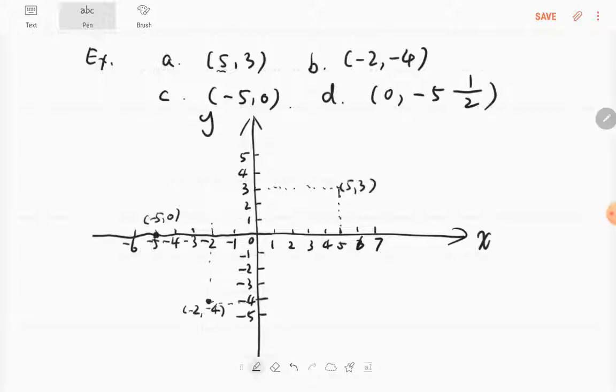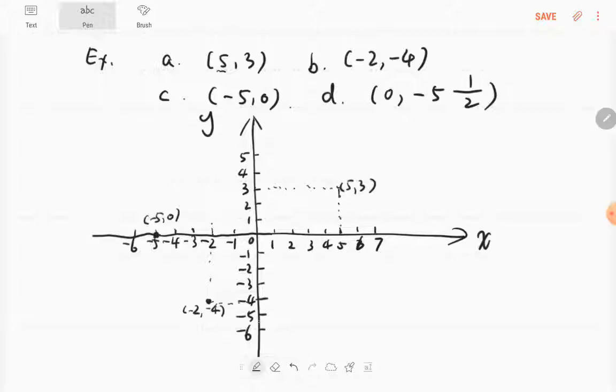And the last one, point D. We have 0 for the x, which means the point will be located right on the y-axis. And we only need to find negative 5.5. So here is negative 5, here is negative 6.